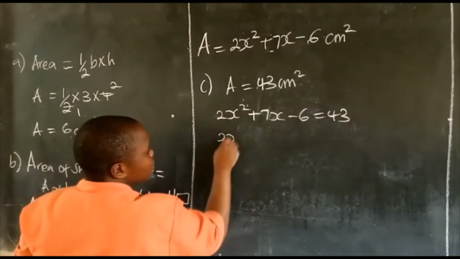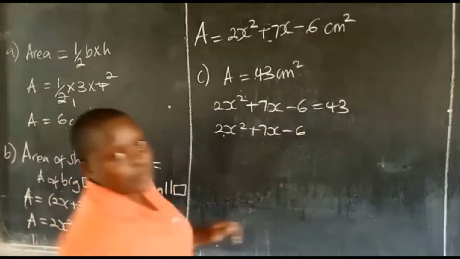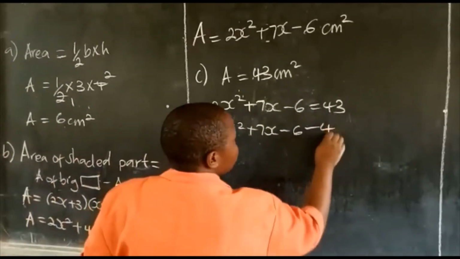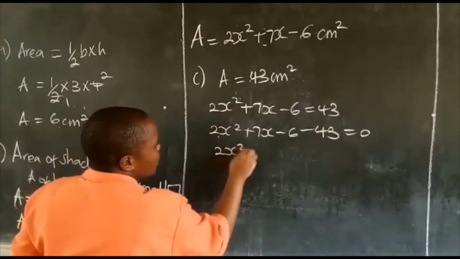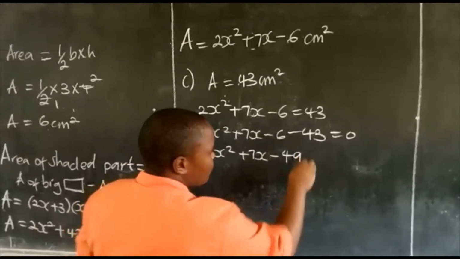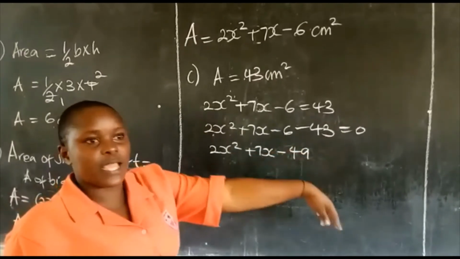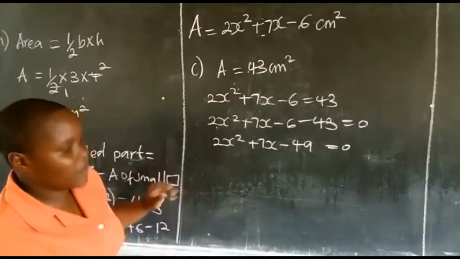It will be 2x squared plus 7x minus 6. We make the 43 cross the equal sign to make it a negative. Minus 43 is equal to 0. So it will be 2x squared plus 7x, giving us a negative 49, because when you add two negatives, you are going to get a negative. So equals 0. And we answer our first part.